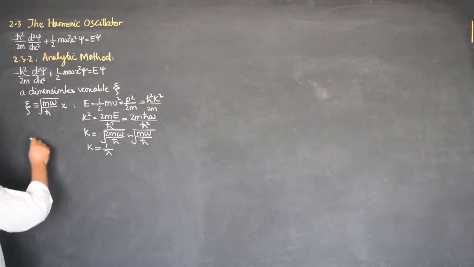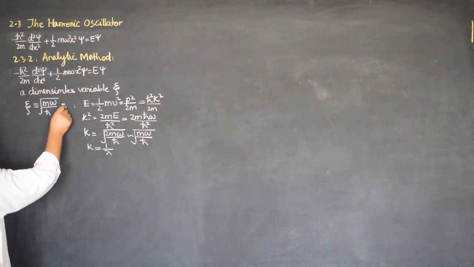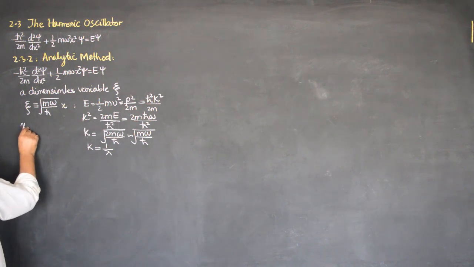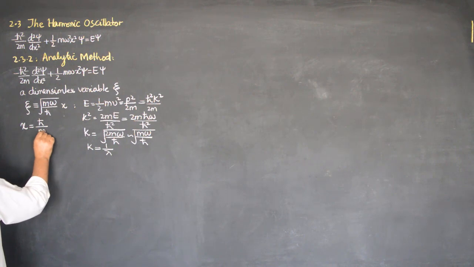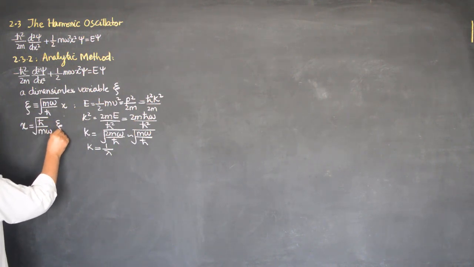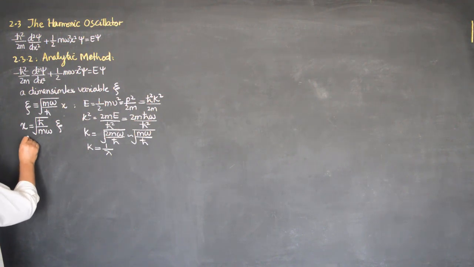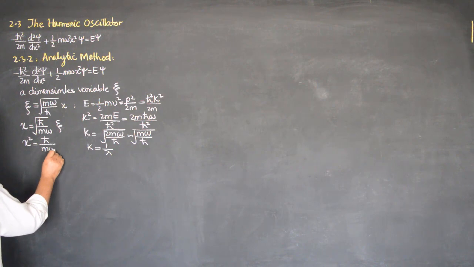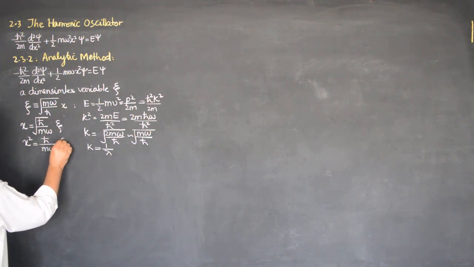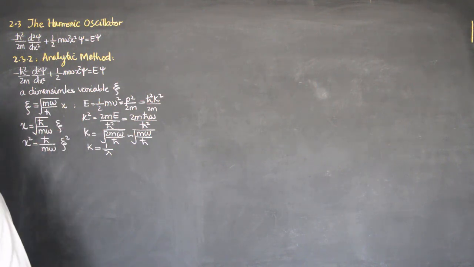So I can write that x will be equal to the square root of h bar over m omega, times xi. So x squared will be equal to h bar over m omega times xi squared.